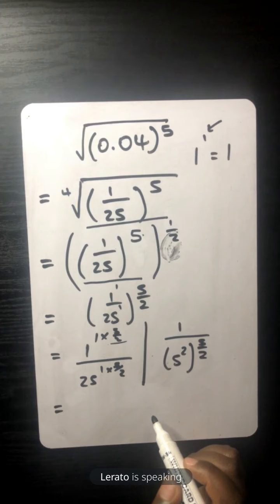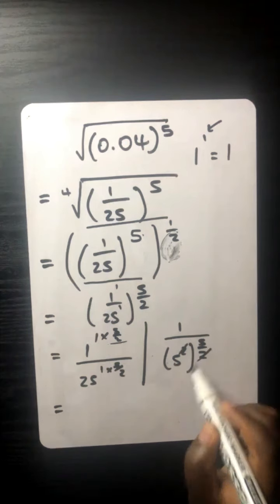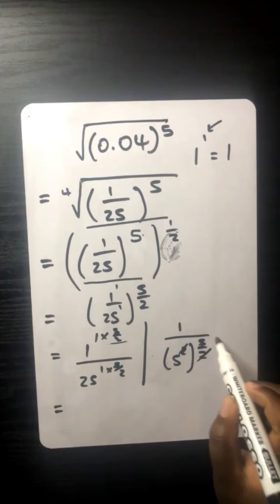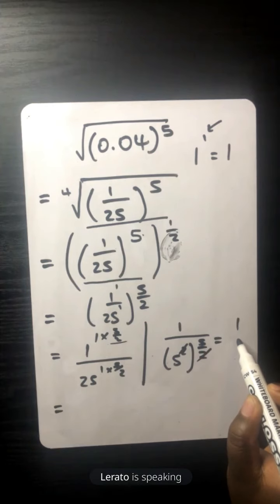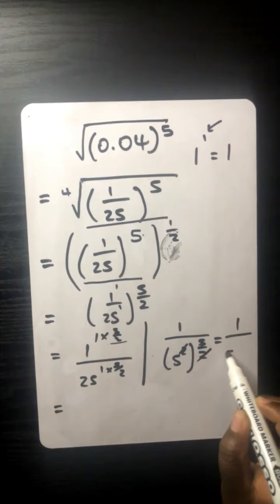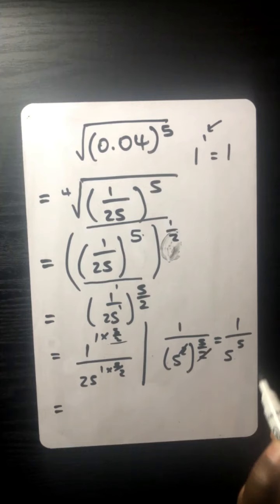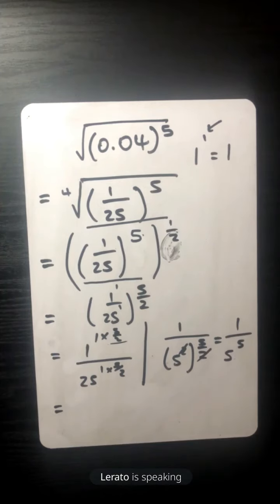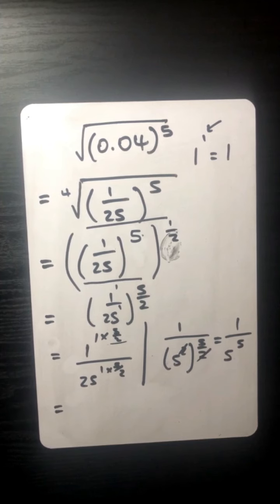Firstly I just cancelled the 2's in the denominator and I was left with 1 over 5 to the power 5. Then okay, you can leave it there.